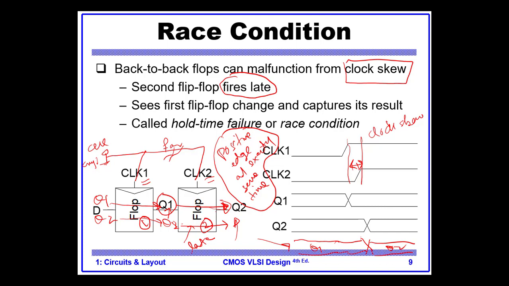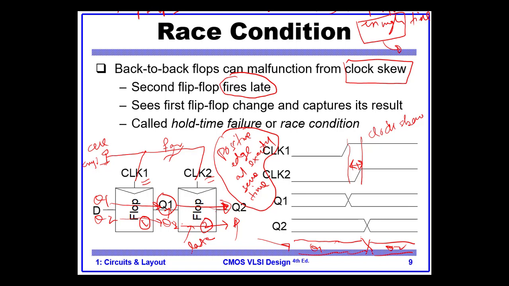Let me write this. Flip-flop 1 was not able to hold Q1 for enough time. Why enough?